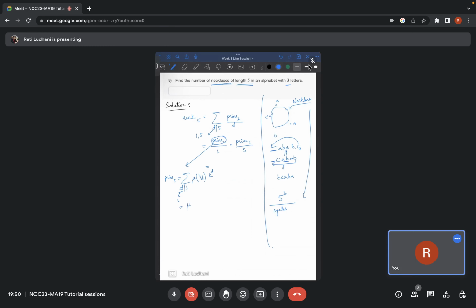So you have mu(1), and k is the number of letters, so this is 3, and you have 3 raised to power d. Mu(1) is just 1, and 3 raised to 1 is 3.